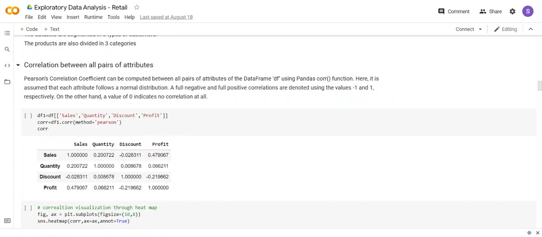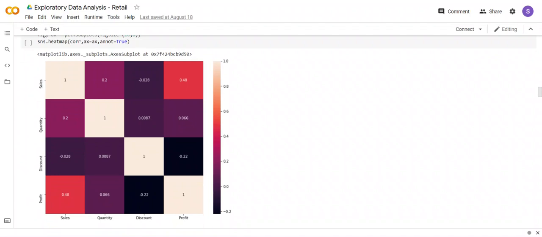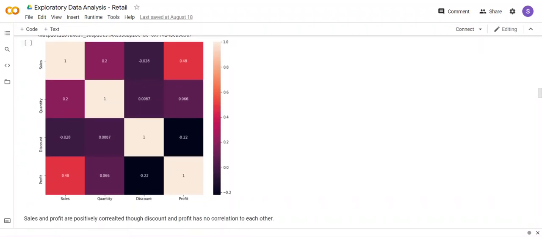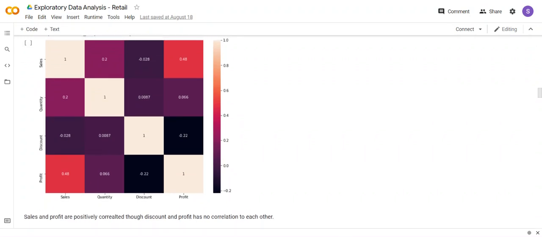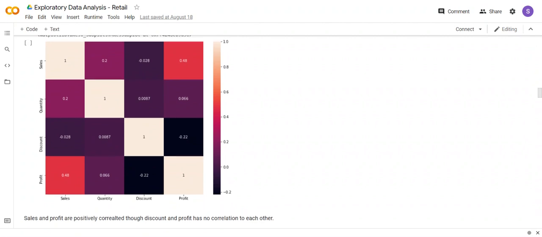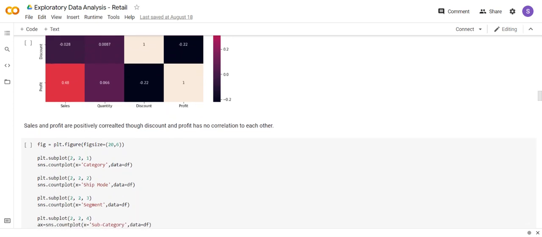As we can see here, profit and sales have a good correlation together. If we look at the heat map here also, you can see it clearly that the middle line is all 1s. So sales and profit are positively correlated with each other. But discount and profit, because it's 0, have no correlation to each other, as I have described earlier.